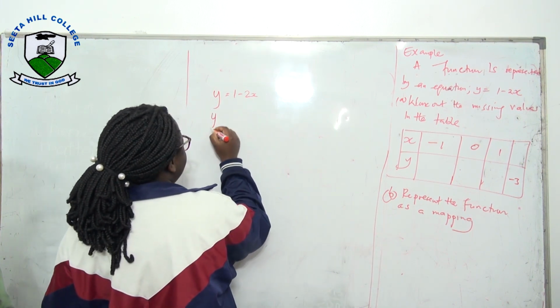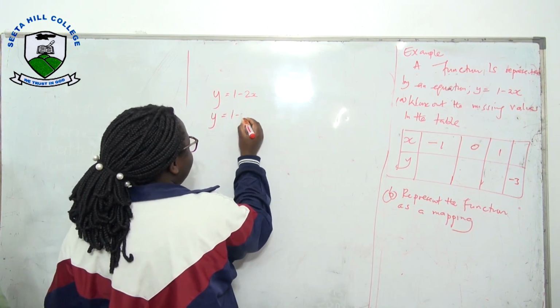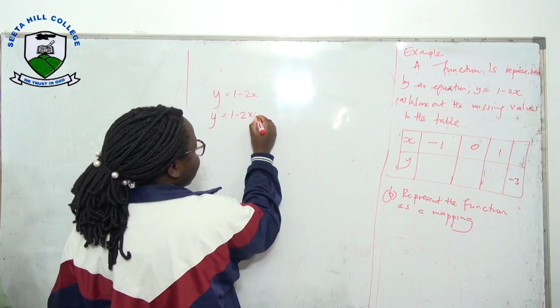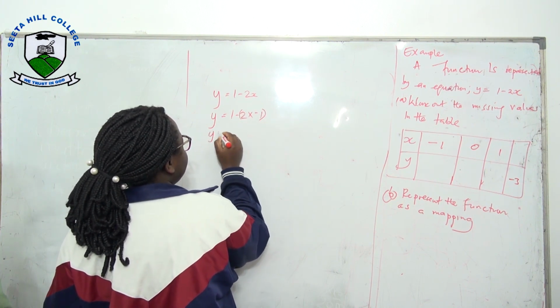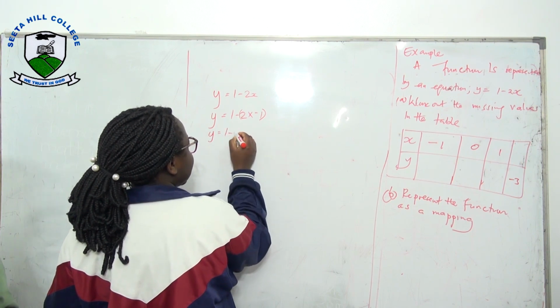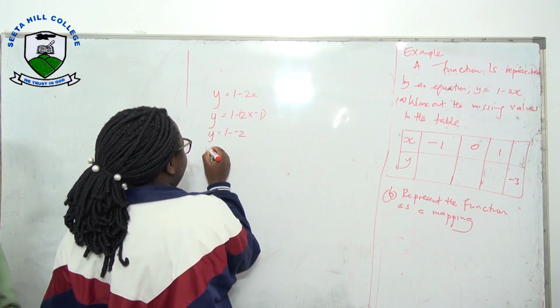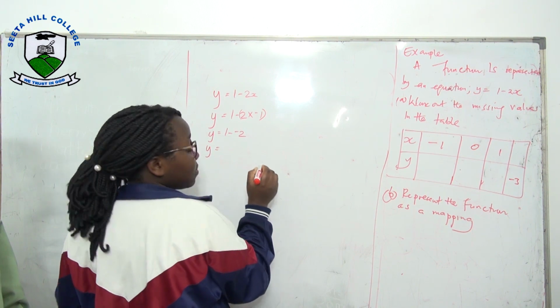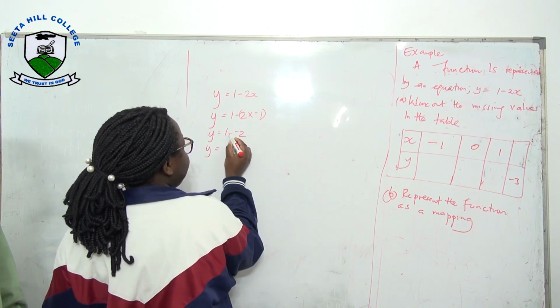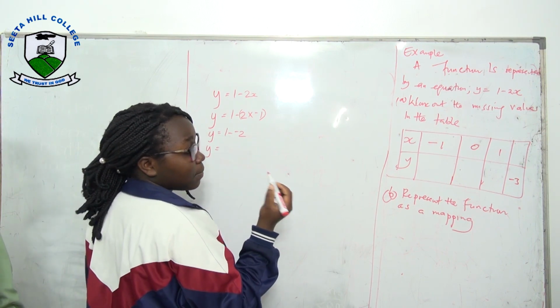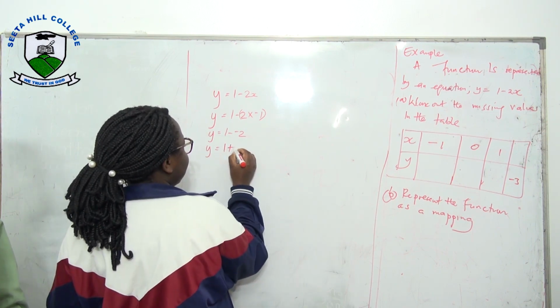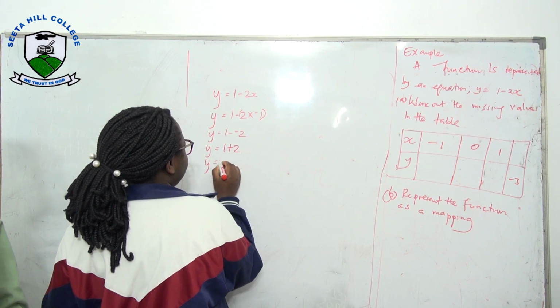So it will be y is equal to 1 minus 2 times -1, which gives 1 minus -2. A negative times a negative is positive, so it will be 1 plus 2, giving us y is equal to 3.